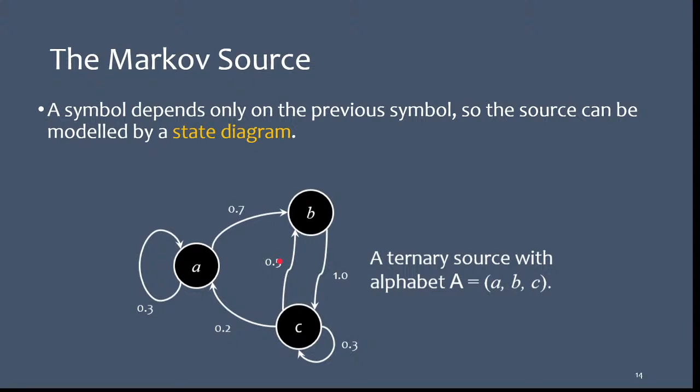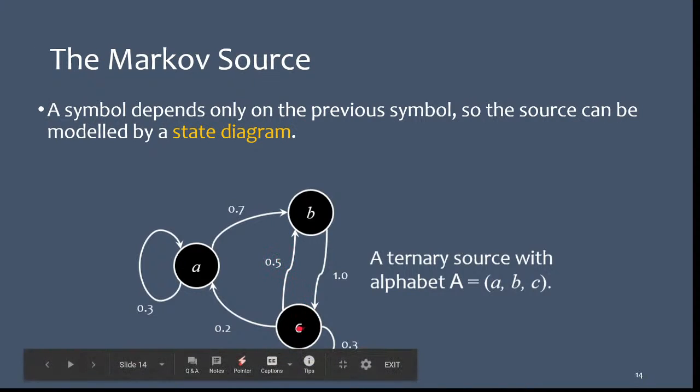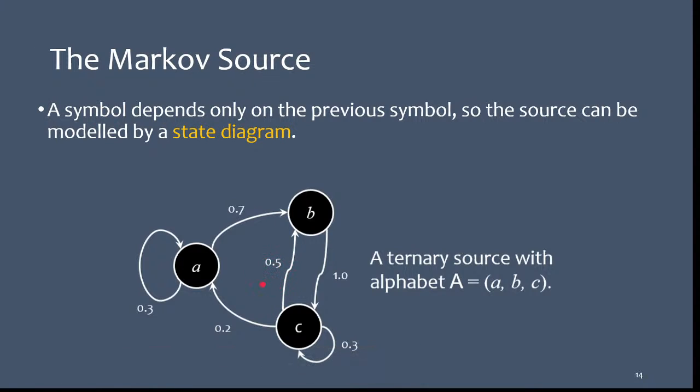There are three choices. Even though initially it was C, the next time the source may generate C again, or A, or B, and their probabilities are 0.3, 0.2 and 0.5 respectively. This kind of representation is called a state diagram.